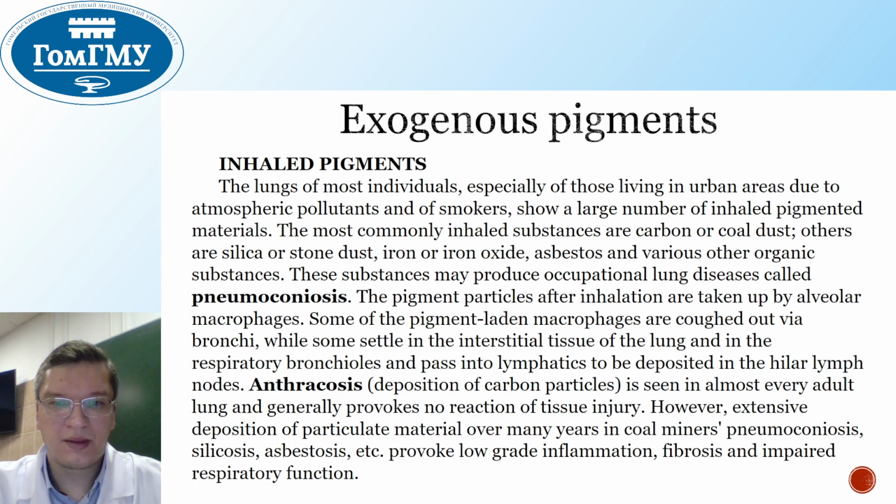The pigment particles after inhalation are taken up by alveolar macrophages. Some of the pigment-laden macrophages are coughed out via bronchi, while some settle in the interstitial tissue of the lung and in respiratory bronchioles and pass intralymphatically to be deposited in the hilar lymph nodes.